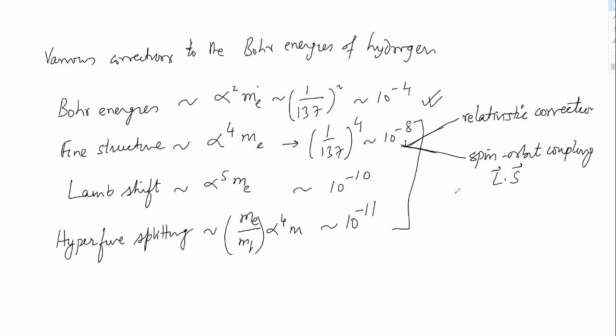Those add to the fine structure, and both the corrections are almost of the same magnitude. Then we have a further correction, the Lamb shift, which is associated with the quantization of the electric field, that we shall discuss in the class.